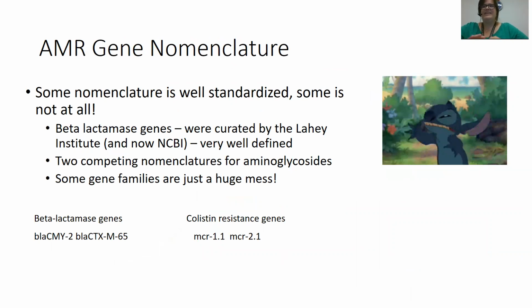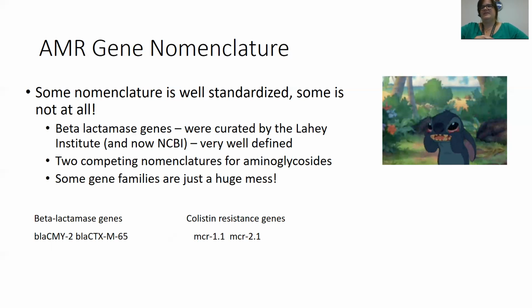Briefly, not to get into detail on this, just to talk about AMR gene nomenclature, to warn you about what you're getting into if you go into this area. In the AMR world, some nomenclature is really well standardized and some is not at all. For example, the beta-lactamase genes were well curated by the Lahey Institute, and now NCBI has taken this over, and this is super well defined.